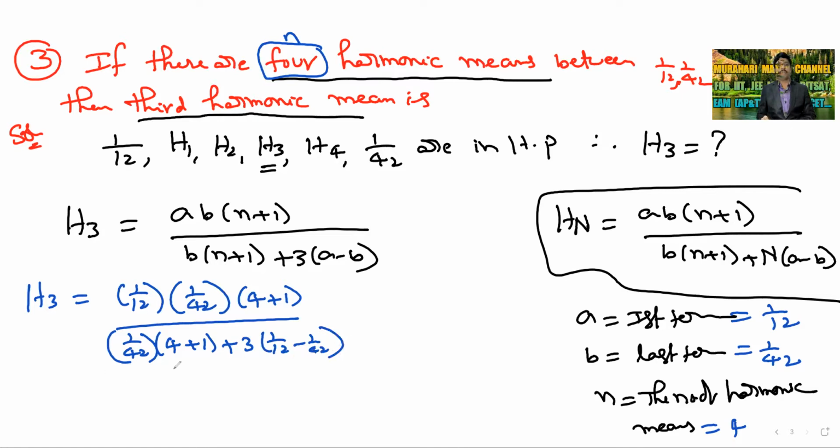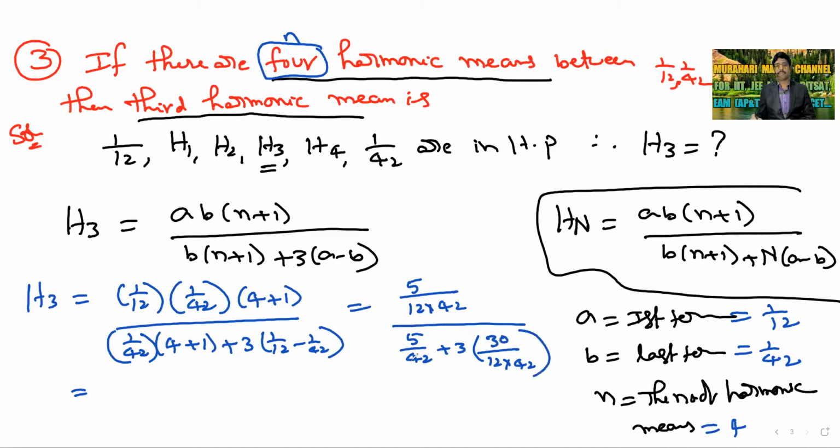So it is going to be 5 by 12 into 42 by, so let us do the LCM. Right, first 5 by 42 plus 3 times, LCM is 12 into 42, 42 minus 12, it will be 30.